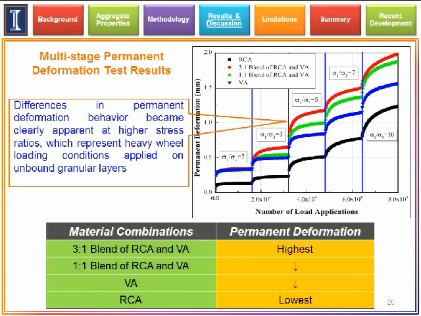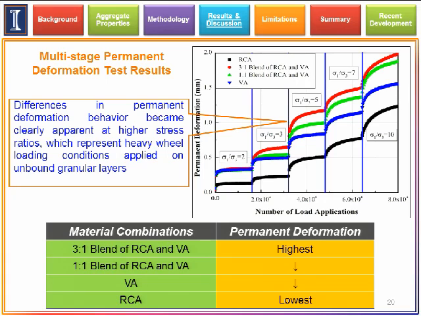Now we'll jump to the multi-stage permanent deformation test. As we can recall, in the conditioning phase, when we were representing the permanent deformation behavior, the principal stress ratio was only 2. But if you look at the multi-stage permanent deformation test, you can see that you cannot differentiate between the three blends, like 3:1 blend, 1:1 blend, or virgin aggregates.